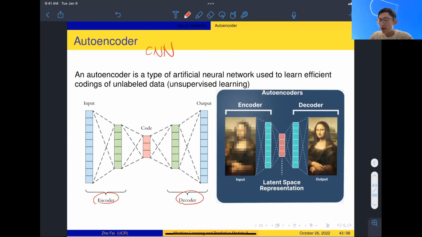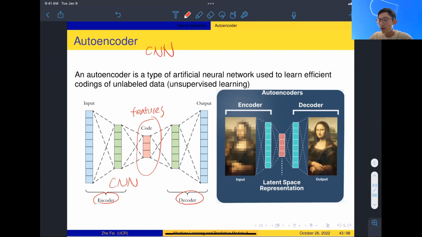You can think of the encoder part as a CNN model. For example, you apply your convolutional layers and you get your features. Essentially, after the encoder step, you extract some features, or we call them the codes, from your input.